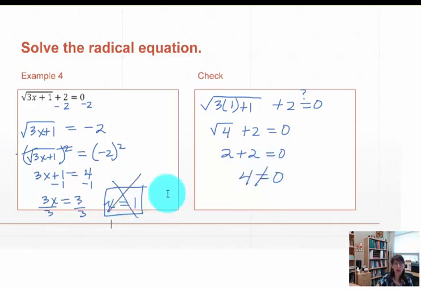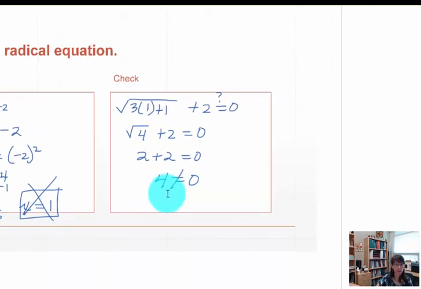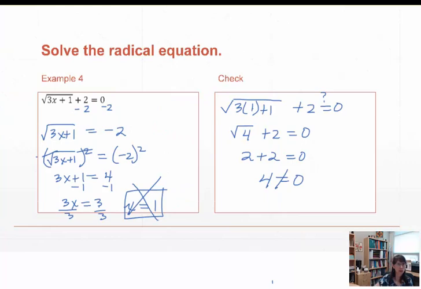Now I'll tell you one thing that you'll find helpful. What I want to point out to you is something that will help you in the future with these problems. Do you notice back at the very beginning here, we had a radical equal to a negative number? Let's think about that. If we're taking the square root of something, will it ever end up to be a negative 2?